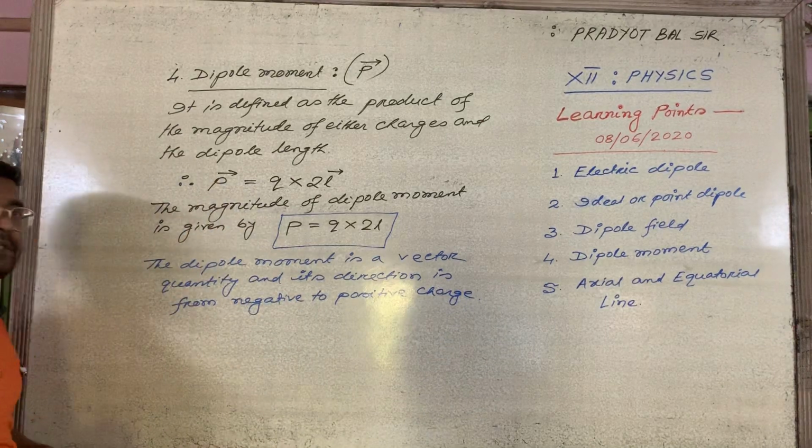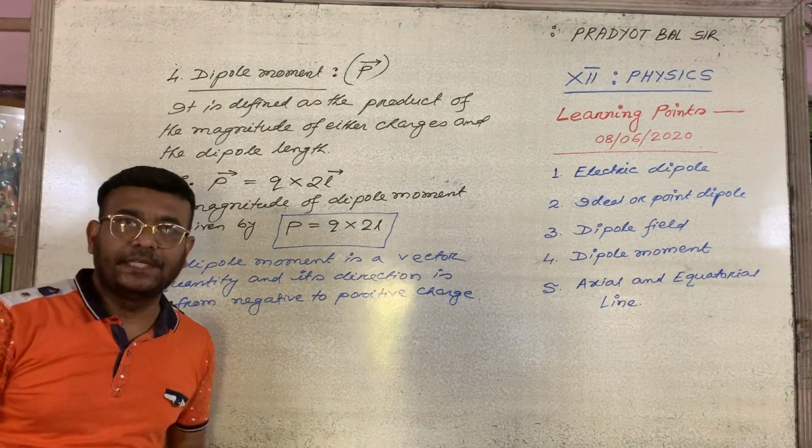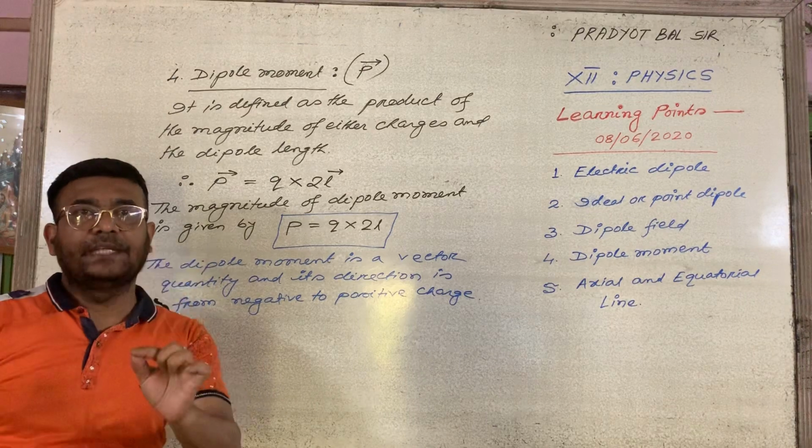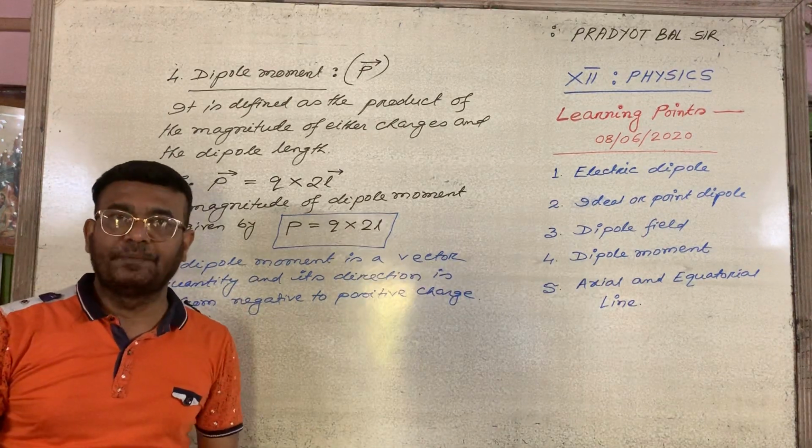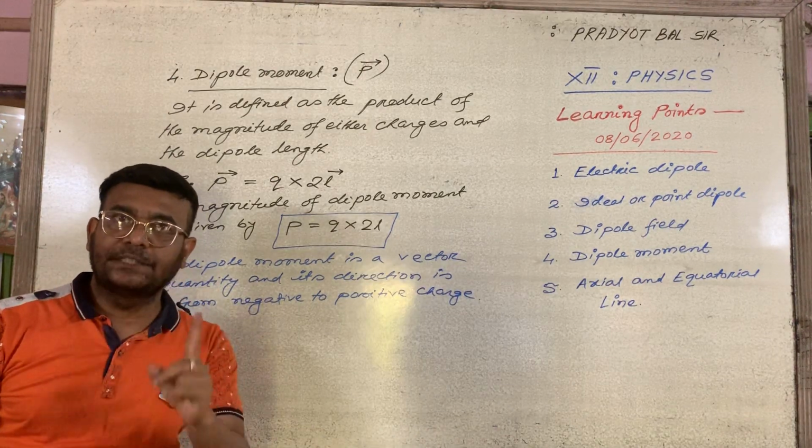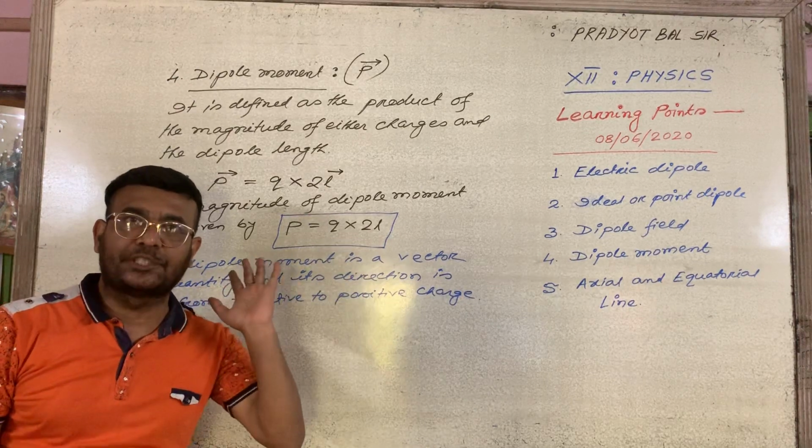The direction of dipole moment, since it is a vector quantity, its direction is needed, and its direction is from negative charge to positive charge. You will have to remember this. Direction of dipole moment is from negative charge to positive charge.